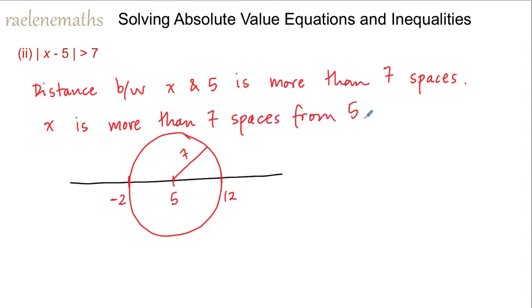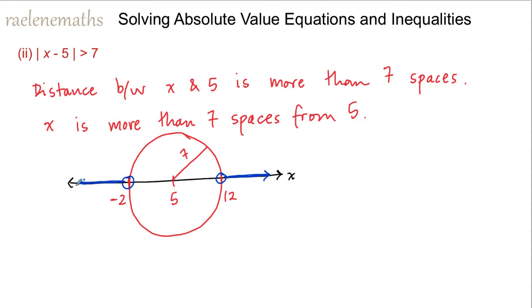And so this is suggesting that x can either be on the circle, inside the circle, or outside the circle on the x-axis. And in order to be more than 7 spaces away from 5, the center, x needs to be not equal to 12 or equal to -2, but on the outsides like this.